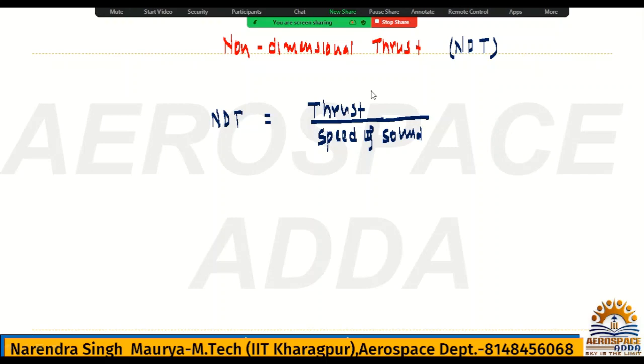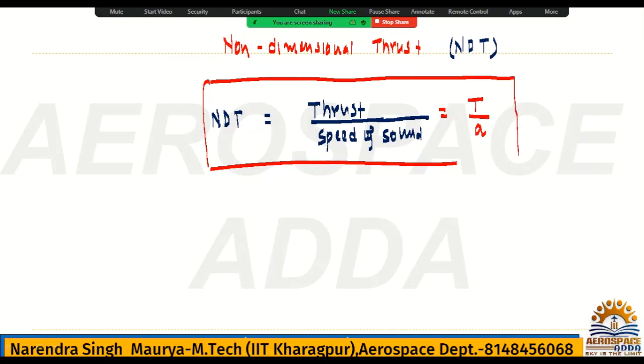You need to remember this is the non-dimensional thrust: thrust divided by speed of sound, which means T divided by A. This is called non-dimensional thrust.